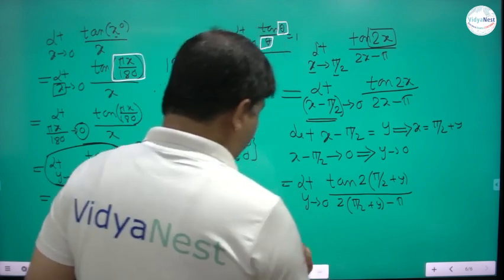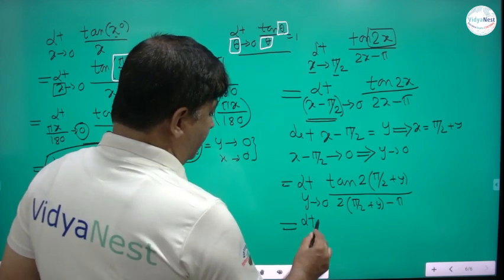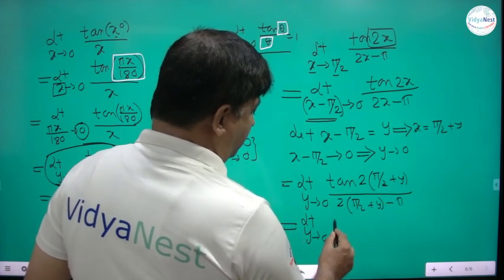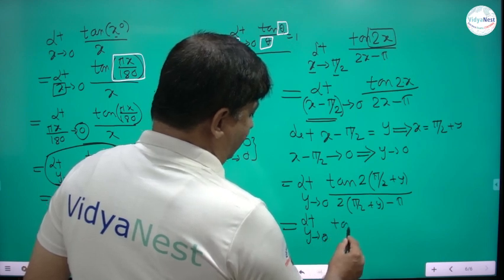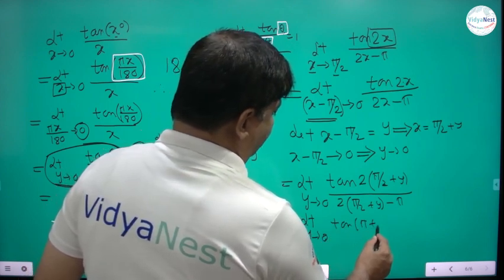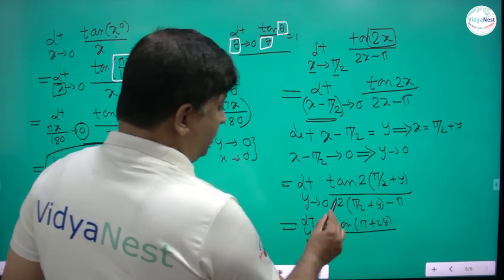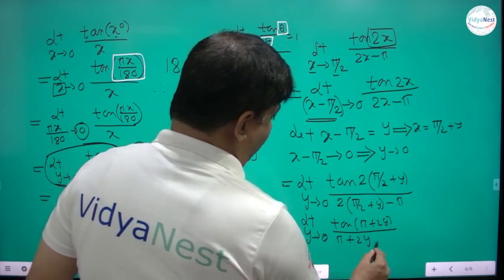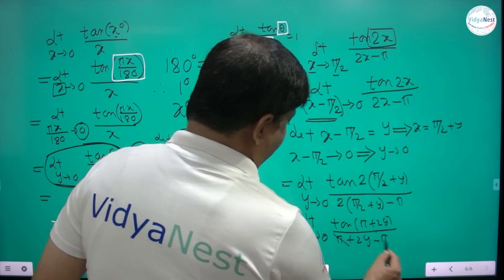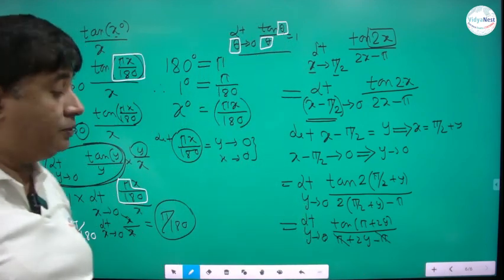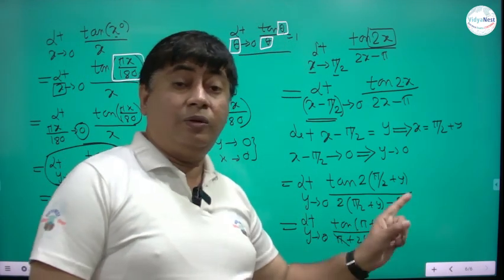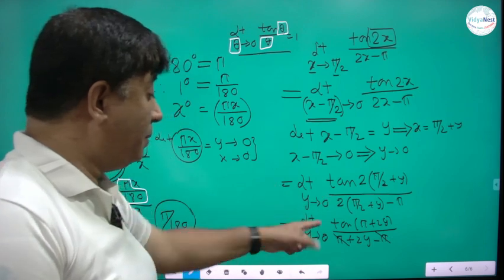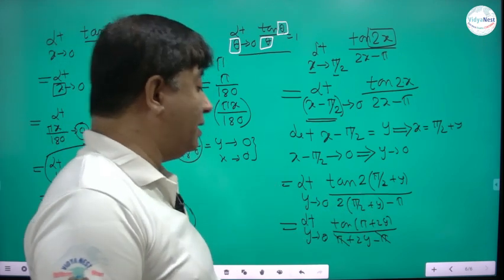Now limit y tends to 0, 2 into pi by 2, open the bracket, pi plus 2y, 2 into pi by 2, pi plus 2y minus pi, cancel. Now you also know that pi is the period of tan; tan of pi plus theta is tan theta.